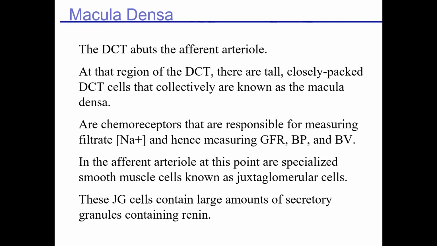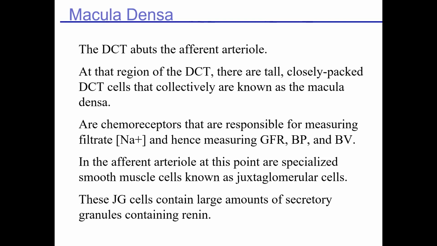Because if we're filtering slowly, we have time to recover all the sodium. If we recover all the sodium, by the time we get to the distal tubule, the sodium levels are nothing. And the macula densa detects that. Macula densa says, hey, sodium's 0. We're going too slow. Where sodium's really high, we're going too fast.